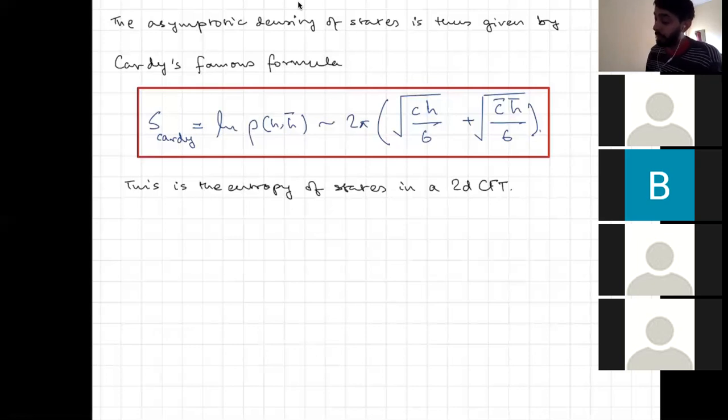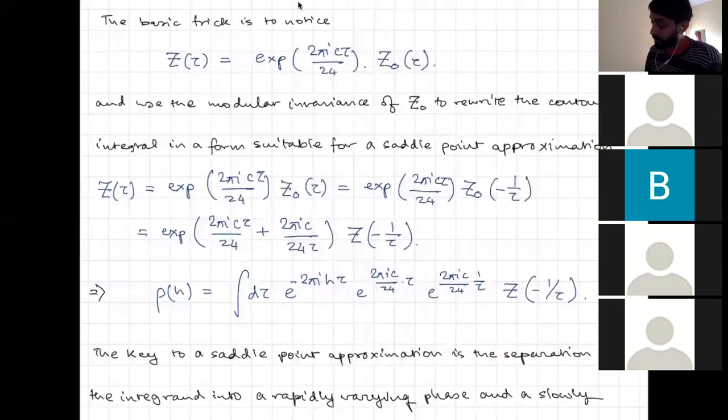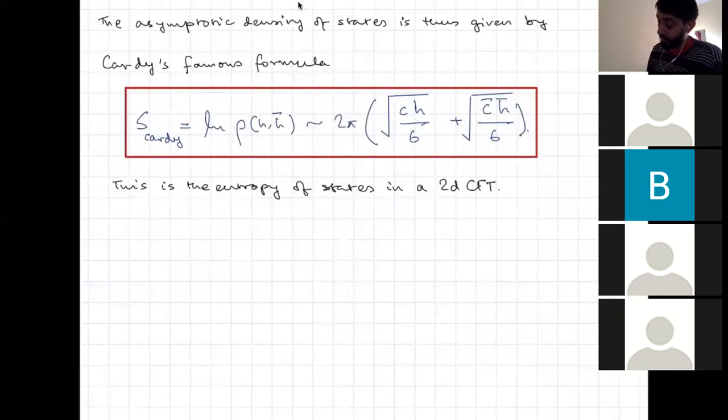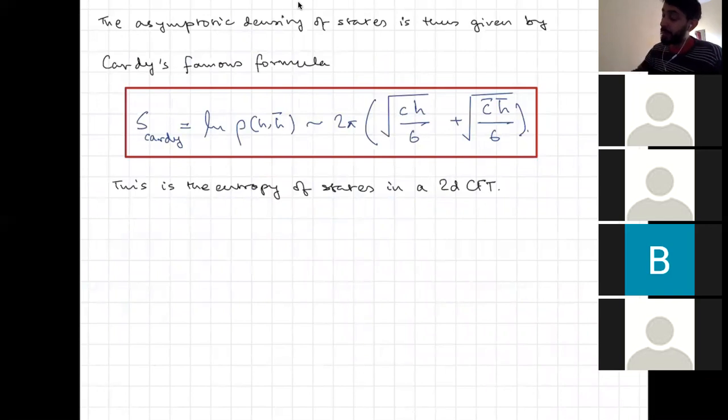So that's good. And all right, so that was that. Now this particular formula is going to be something that we are going to see emerge in a very different setup.